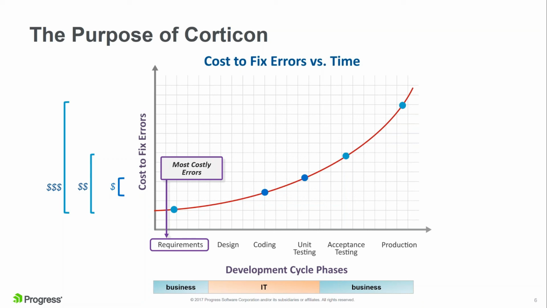So when we talk about business rules, right, business rules are more than just a new way of coding logic. The IT world doesn't really need any new ways of coding logic. There are plenty of tools out there, plenty of languages and platforms.